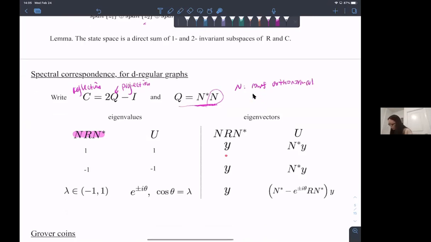And here's how you lift the eigenvectors to eigenvectors of U. These two correspond to the one-dimensional invariant subspace, and the span of these two vectors gives you the two-dimensional invariant subspace of RNC. So basically, if you know the eigenvalues of N R N star, you know the eigenvalues of U. Yes, that's true.